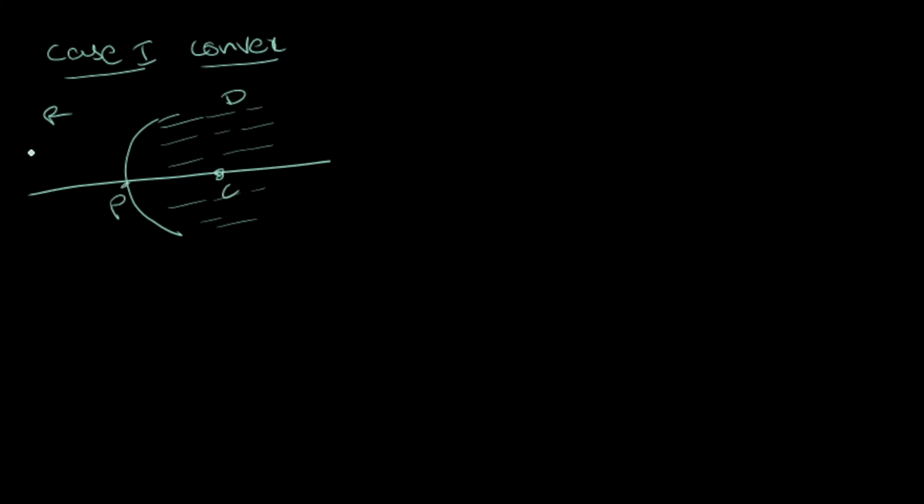I am taking a parallel ray. If this is the ray which is parallel to the principal axis, and this ray is incident on this curved surface at some point, and after refraction this ray bends towards the normal. Where is the normal? Here at this point, this will be the normal, right? Whenever a light ray travels from the rarer medium to the denser medium, after refraction what happens? This ray will bend towards the normal.